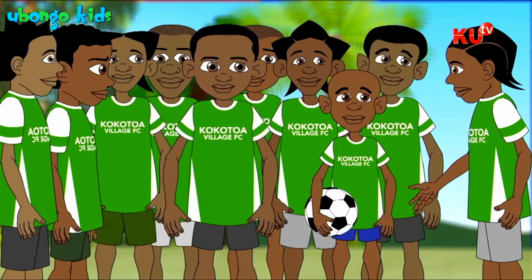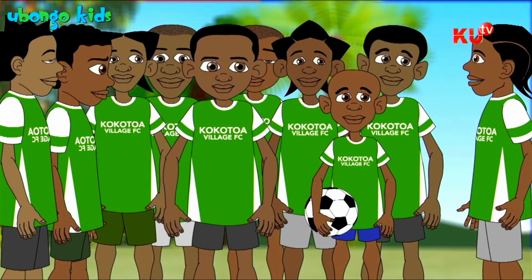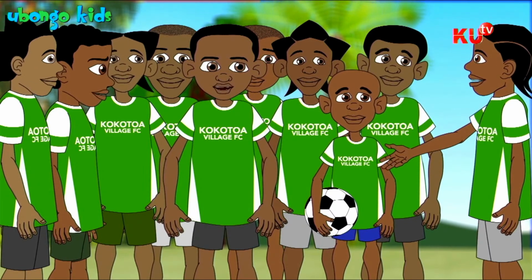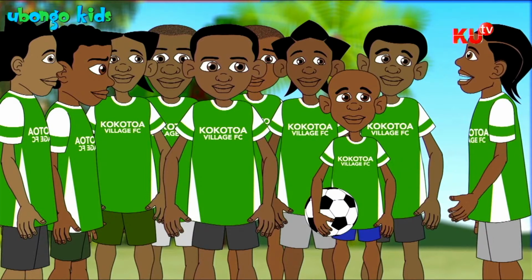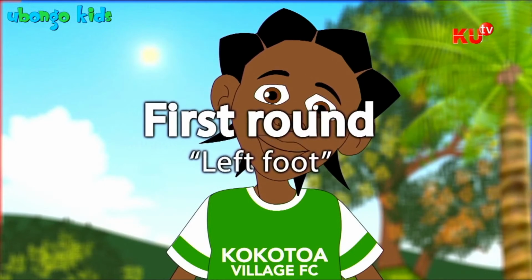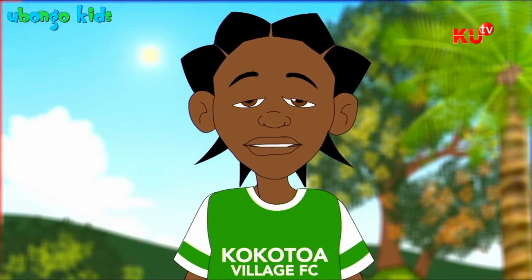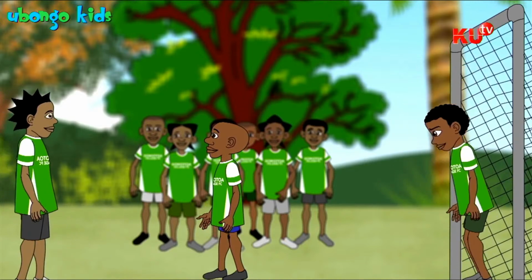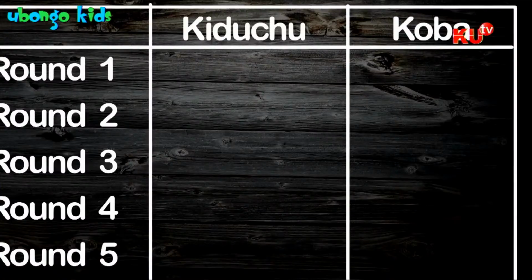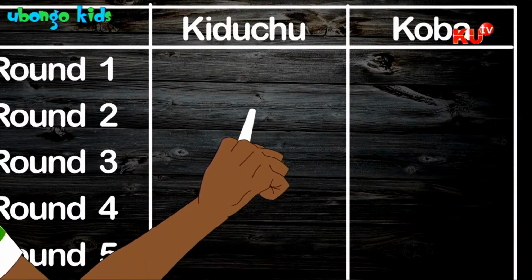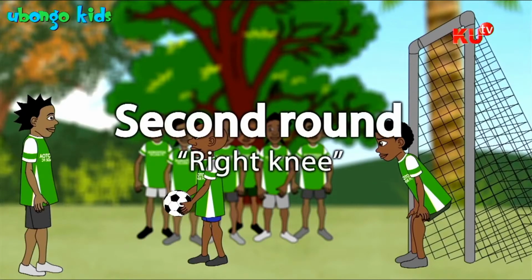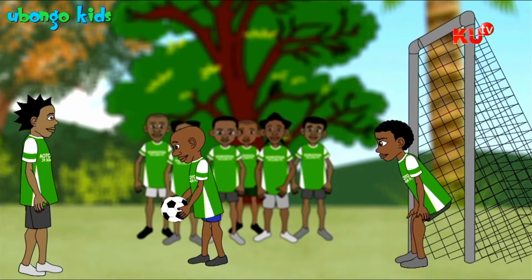Alright guys, these aren't just regular penalties. Each player will get 5 chances to shoot on goal in 5 different ways. The one who scores the highest percentage of their shots will be our captain. Okay then, round 1. Left foot. After the first round, Kiduchu 0, Koba 1. Round 2, right knee.